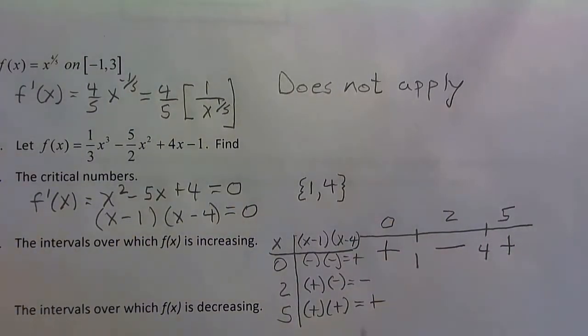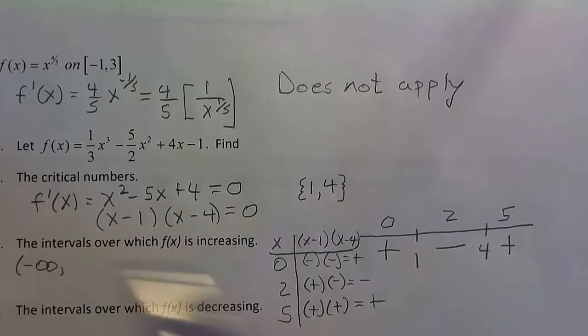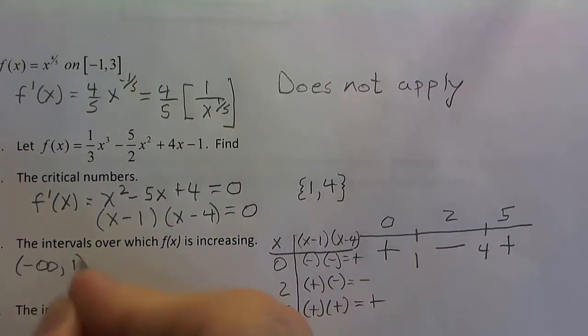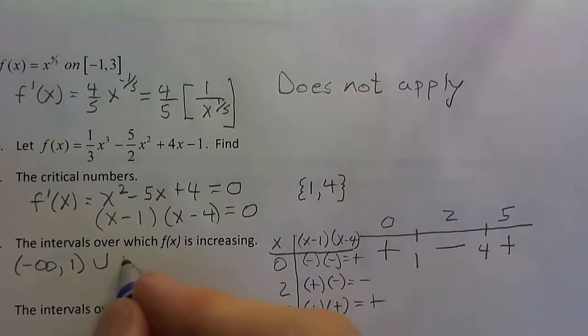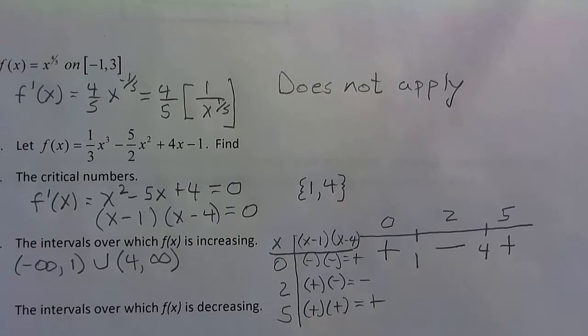So look, the function is increasing where the derivative is positive. So that's negative infinity to 1 unioned with 4 to infinity. Okay. Now where is it decreasing? Well, from 1 to 4, where it's negative.